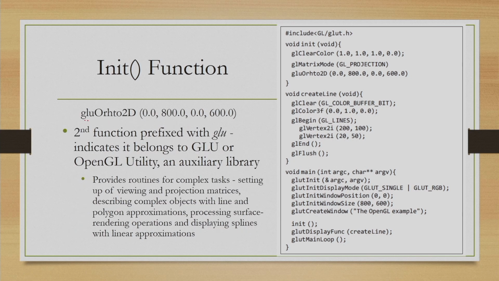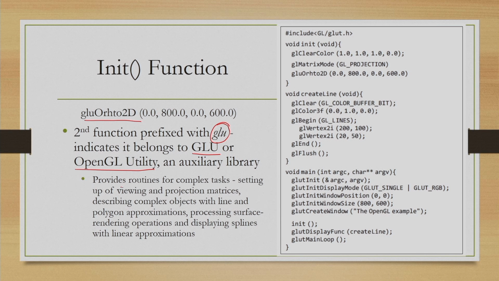Now, in the function gluOrtho2D, the function is prefixed with GLU rather than GL. So, it indicates that this function belongs to GLU, or OpenGL Utility, another auxiliary library. Earlier we have seen GLUT, OpenGL Utility Toolkit, and now we are seeing OpenGL Utility, another auxiliary library.